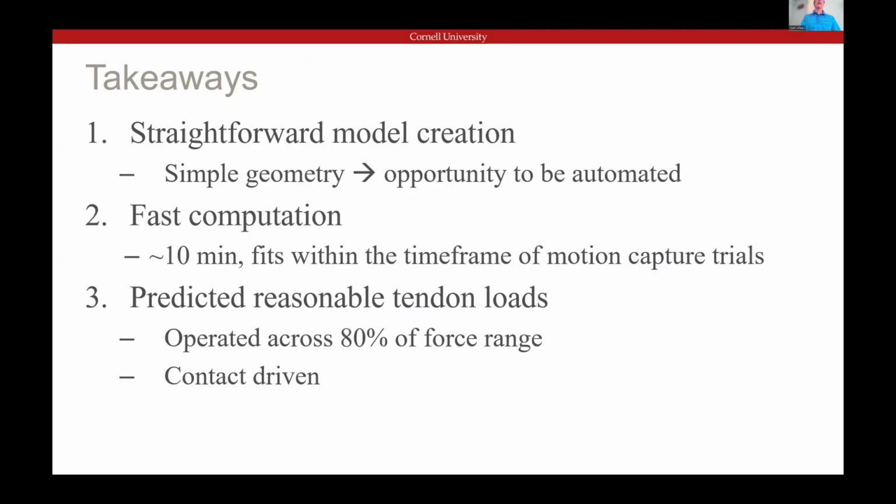My model had a fast computational time, about 10 minutes, which is a 5,000% reduction in time, enabling it to fit within the time frame of motion capture trial testing. It predicted results with reasonable accuracy. Tendon forces operated in their 80% range, and these tendons, most importantly, are driven by contact, not by motion capture data, which assesses low fidelity movement of the body.